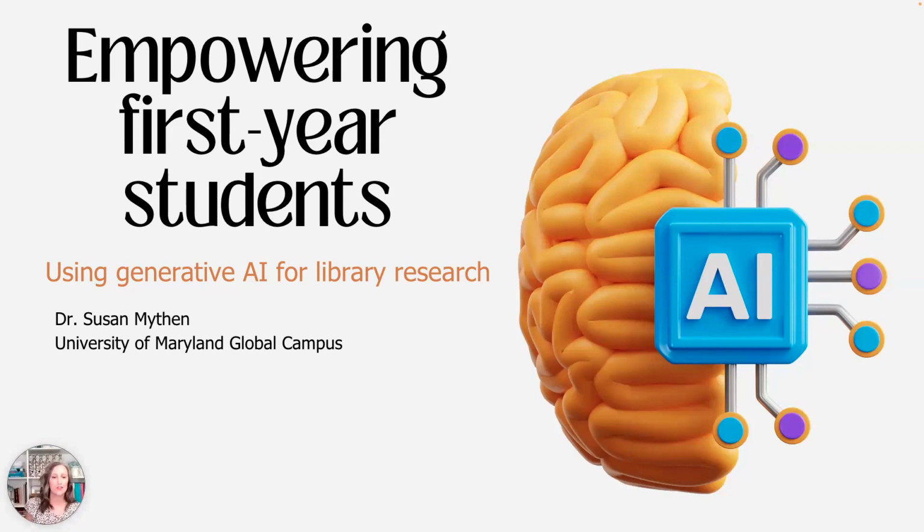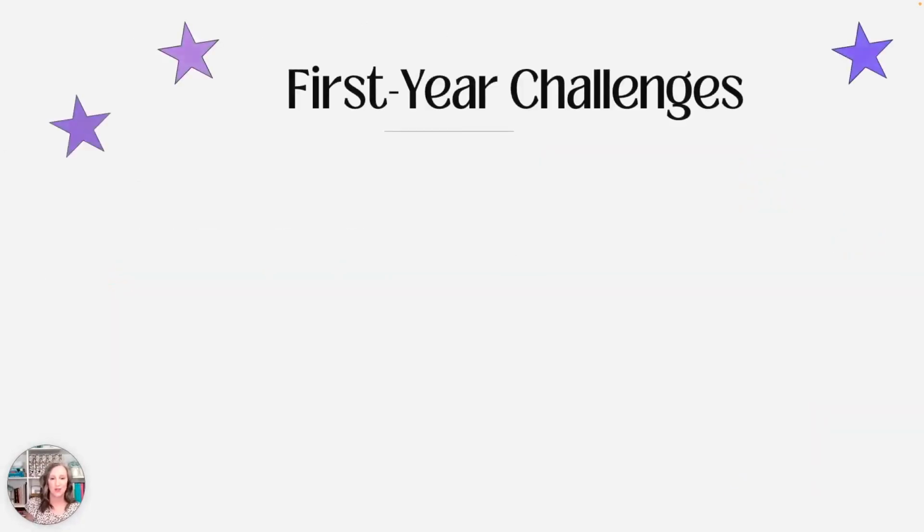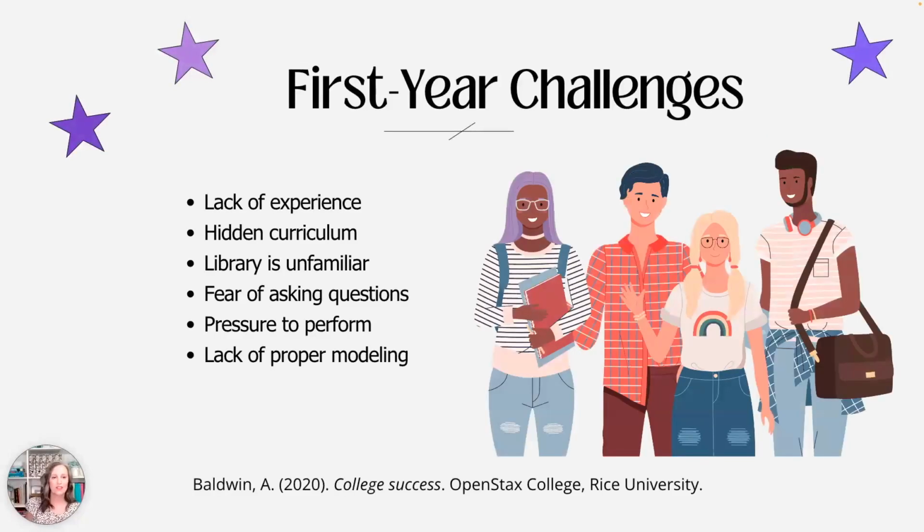We know that first-year students have a unique set of challenges. Those challenges can include a lack of academic experience, or perhaps it's been a long time since they've taken a course. They struggle with what we call the hidden curriculum, or that set of unwritten rules, expectations, and norms that are considered universal, but are often hidden from first generation and lower income students.